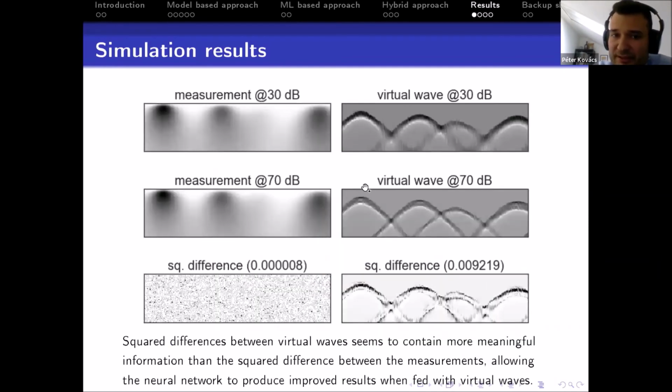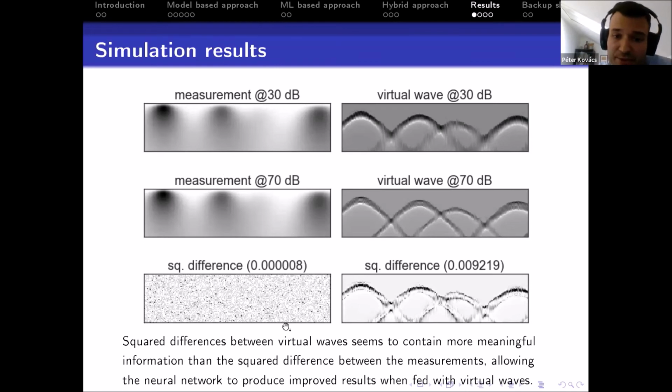Here you can see another example of the same phenomenon. You can see the surface temperature measurements at 30 dB and 70 dB quality. And at the bottom, you can see the difference of these two images. On the right, you can see the corresponding virtual wave images, and the difference again at the bottom. And you can see there is no visible difference between the 30 dB and 70 dB measurements.